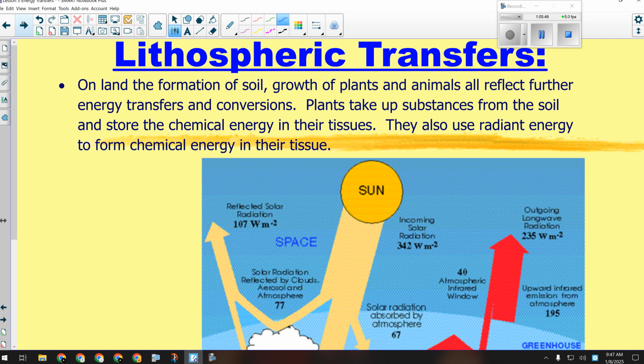If I want to keep food cold, I want to minimize how much heat is absorbed. So what's a good bet for that? Making it white. Making it light in color, because that will prevent a lot of the radiant thermal energy from being absorbed by that device.